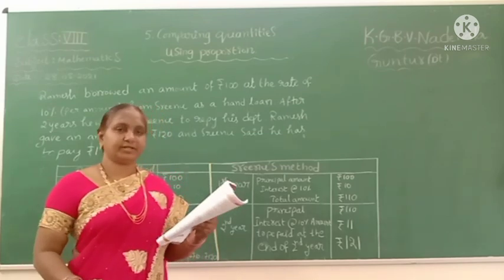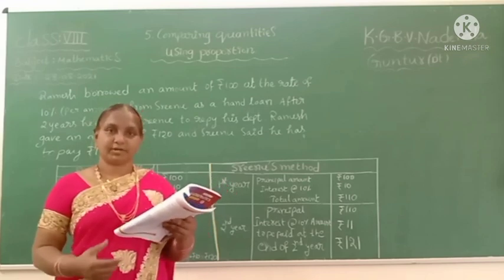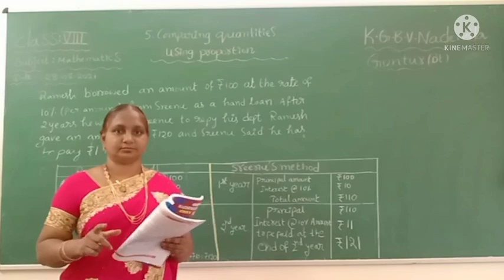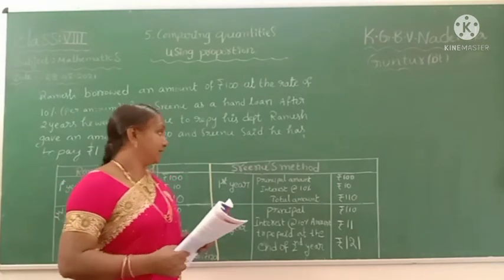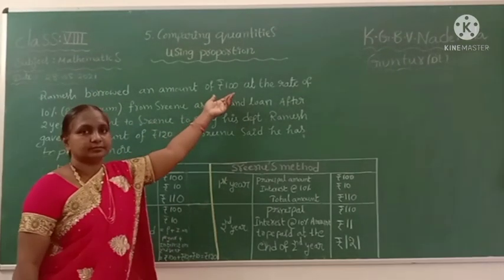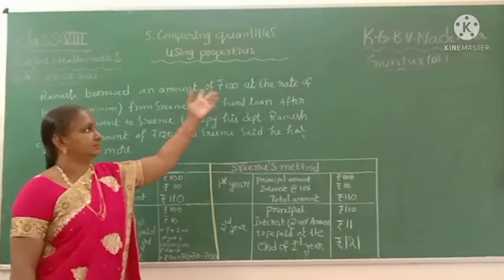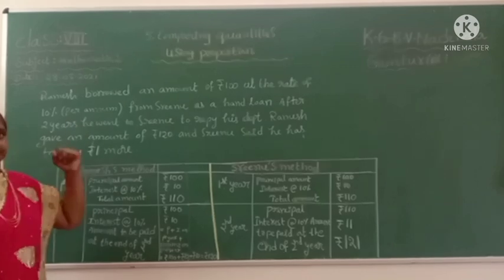Ramesh gave 120 rupees, but Srinu wanted 121 rupees, 1 rupee more. Now we know what is the difference between their calculations. How much amount did Ramesh borrow? 100 rupees, at the rate of 10% per annum.